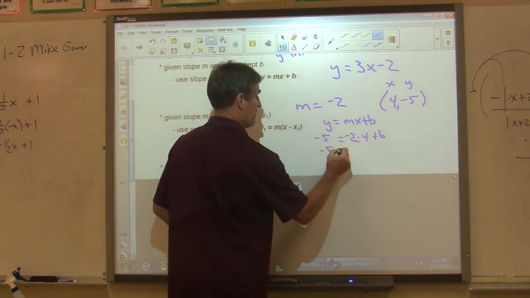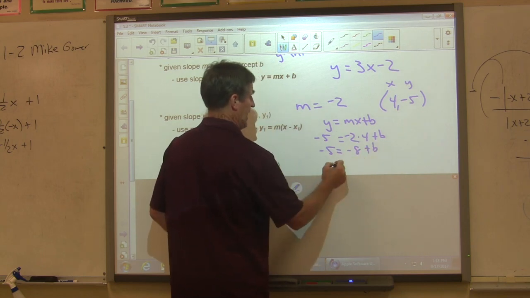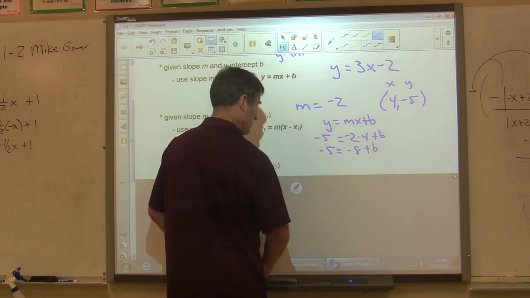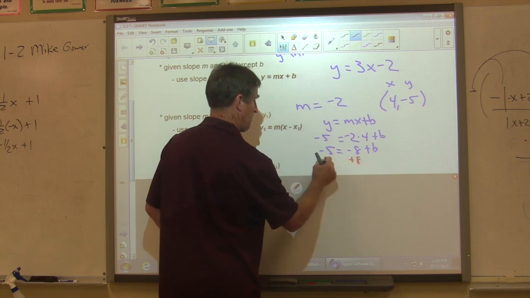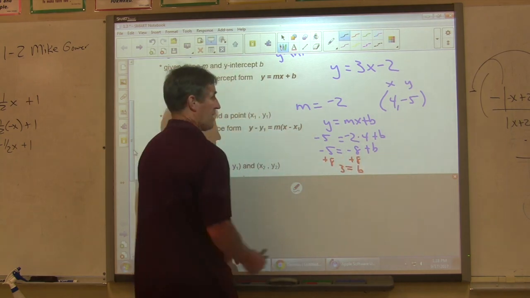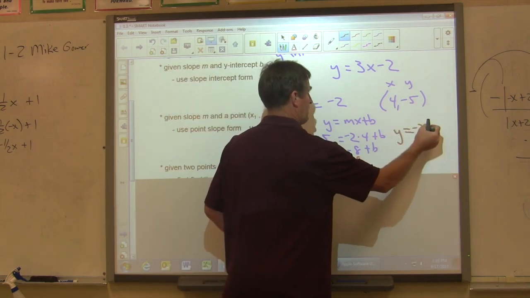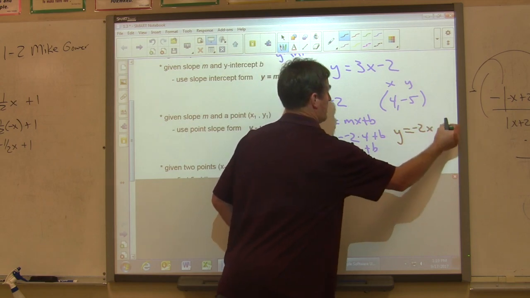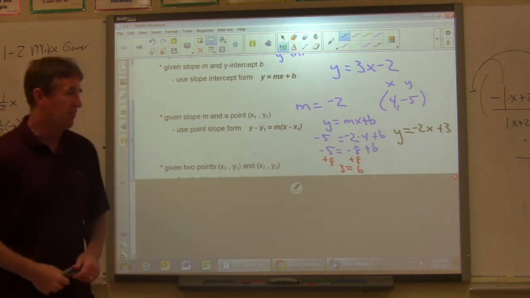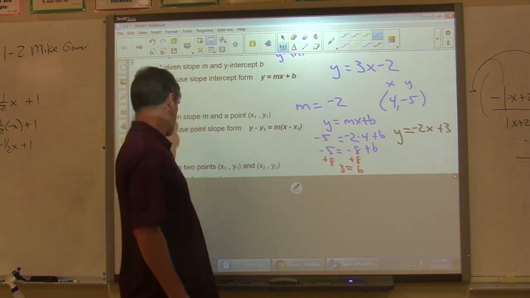So this would be -5 equals -8 plus b. You would have added 8 to both sides and gotten 3 equals b, and then been able to write your equation y equals -2x plus 3, and you'd be done. So that's probably the way you did it in Algebra 1.